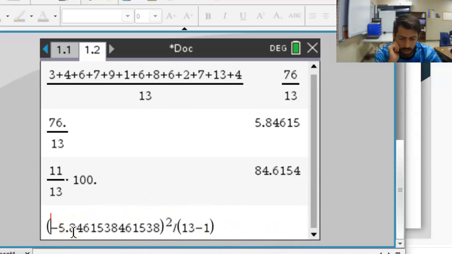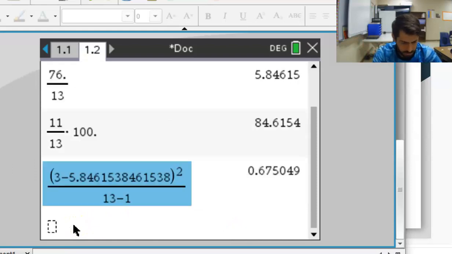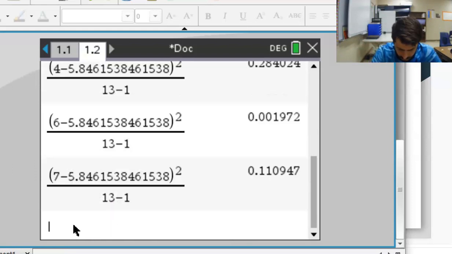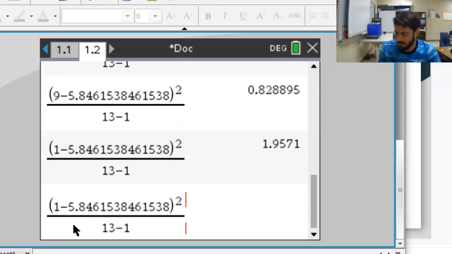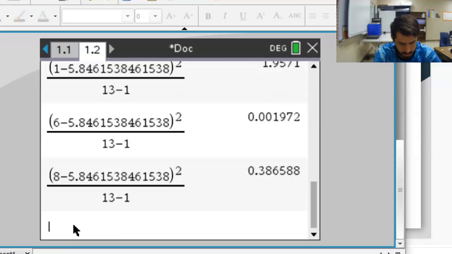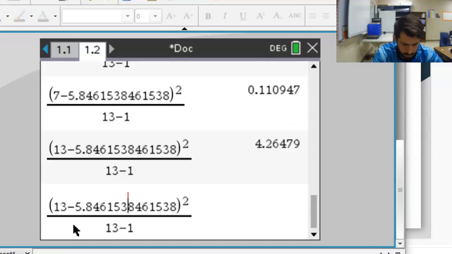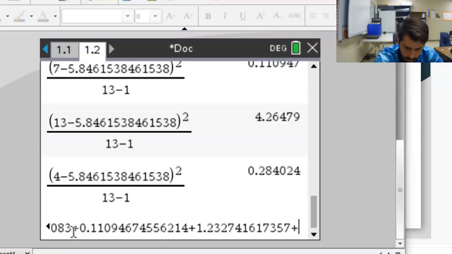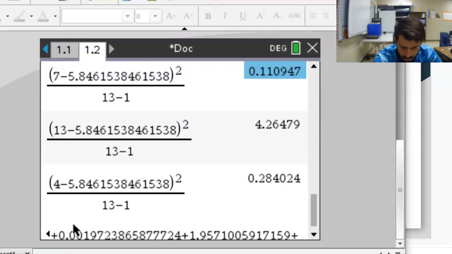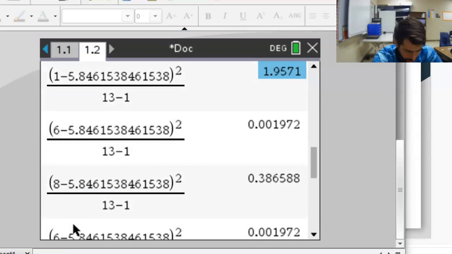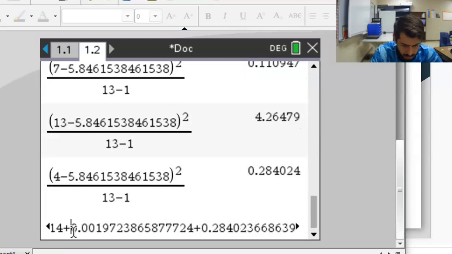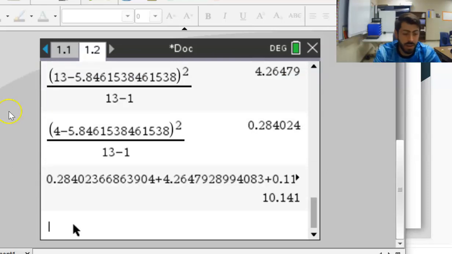So I'll go ahead and get started on that. All right, and there's our variance, 10.141.